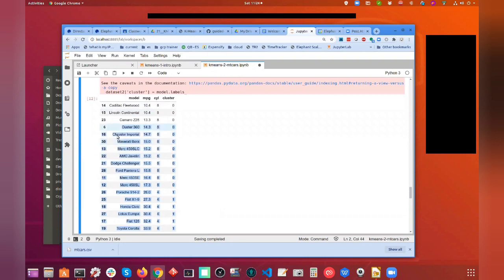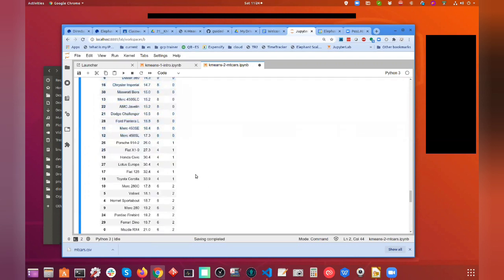Let's look at these guys. All low mileage cars, 10s and 15s. The number of cylinders is now 8. Now this is a little bit further refined. These are all 8-cylinder cars with low mileage. Good.